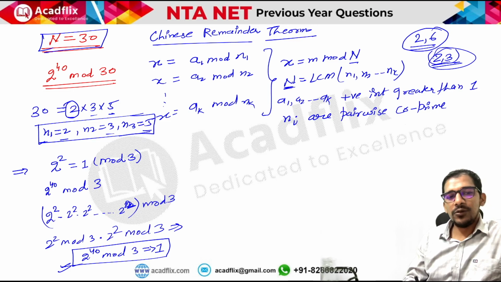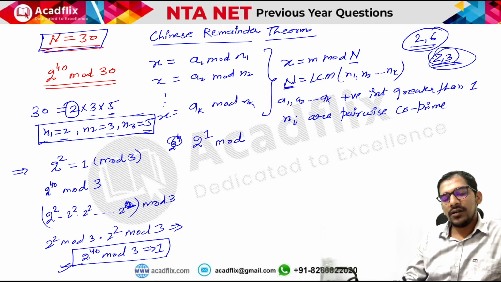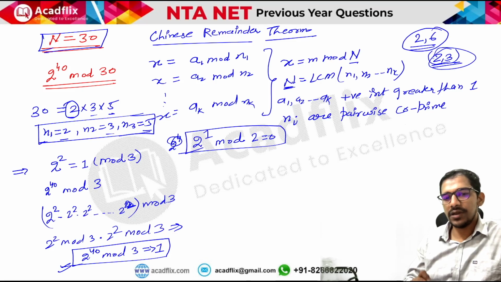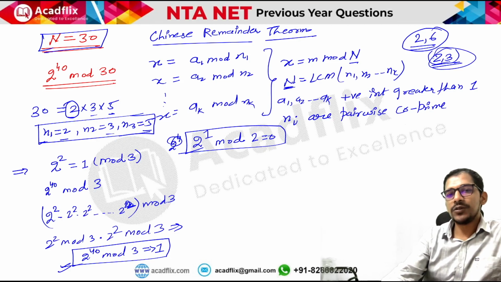So you can take 2 here, and a to the power p minus 1, that is 2 to the power 1 mod 2, will give you 0. So that means we cannot take 2 here. So for this it is not working, but for our question it will work.